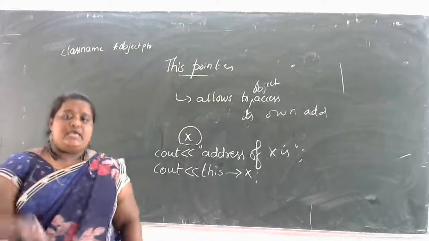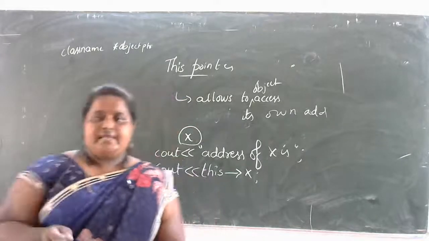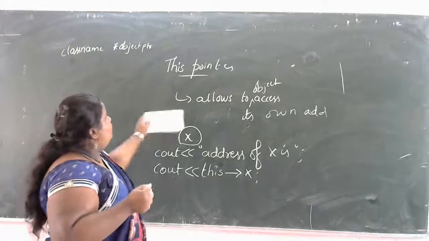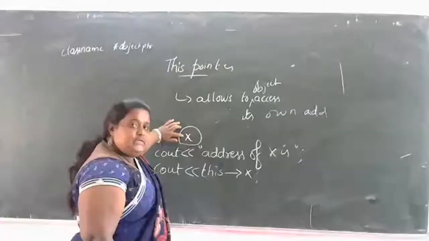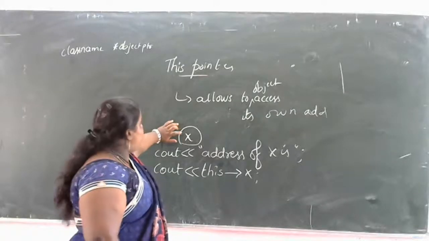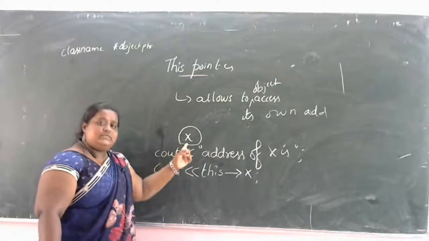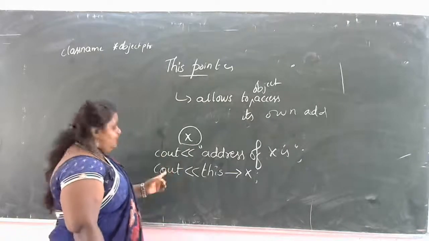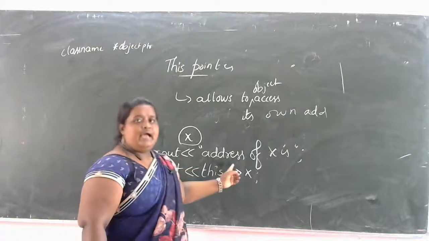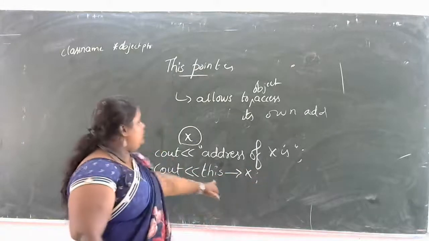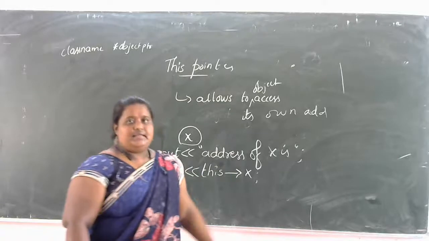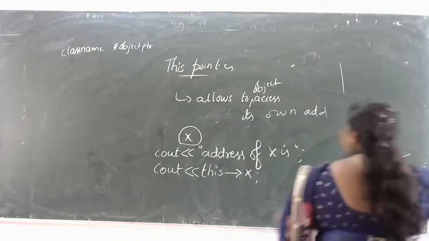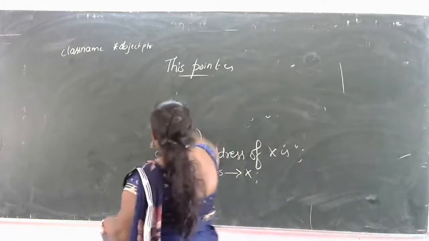The this pointer allows an object or a variable to access its own address. How to access using the this pointer? Suppose I want to access the address of x: cout address of x is, cout this arrow x, arrow operator x. This is the this pointer.